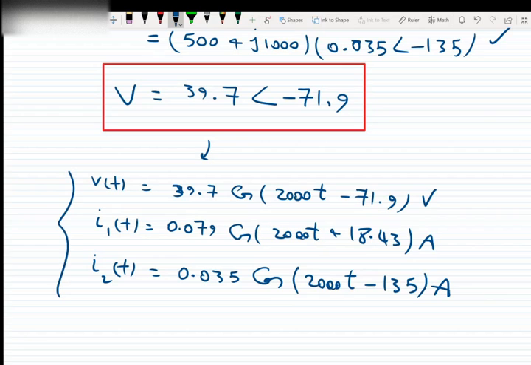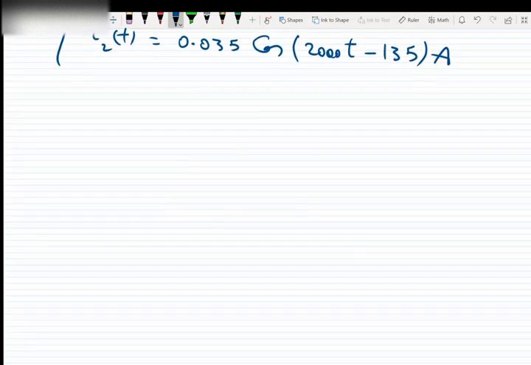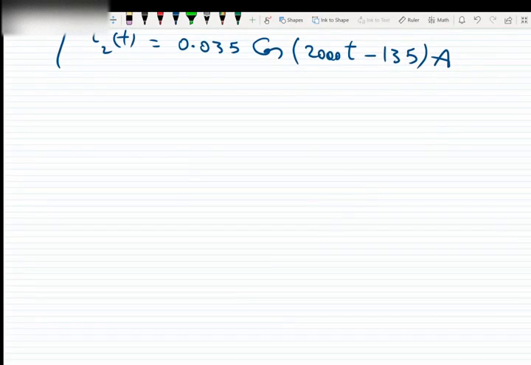So we got all waveforms, and the last step of the problem says sketch a phasor diagram.